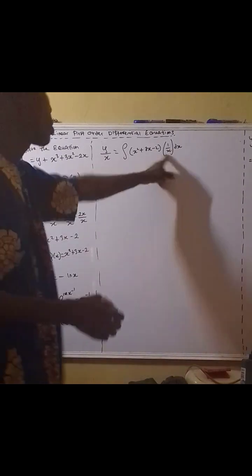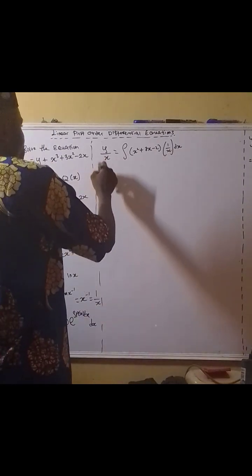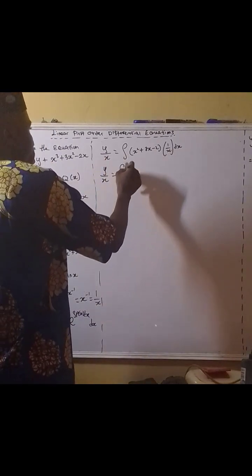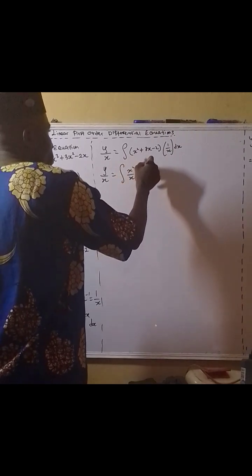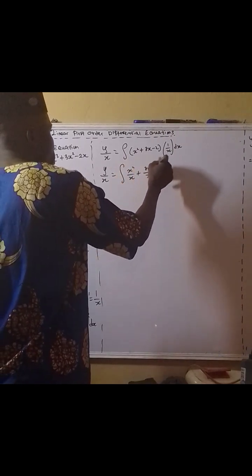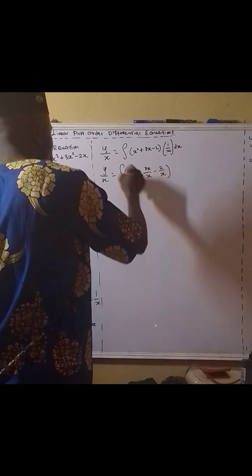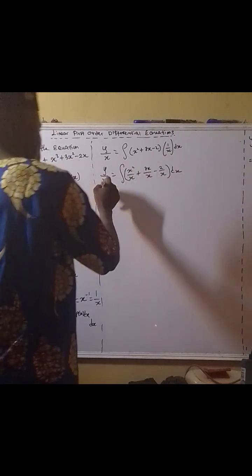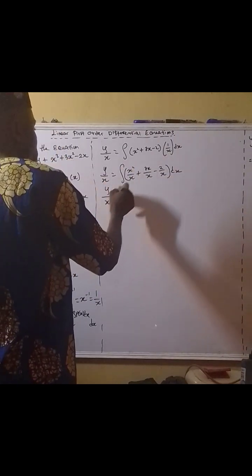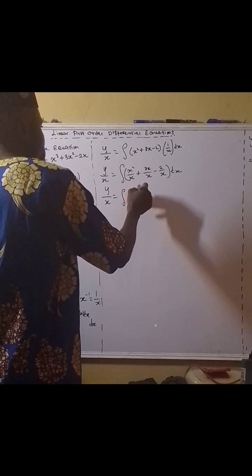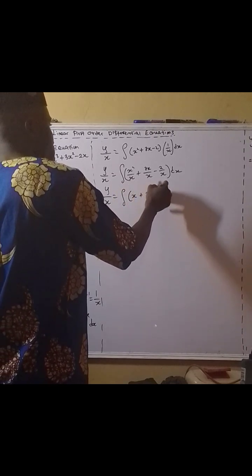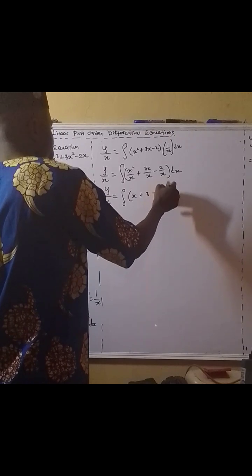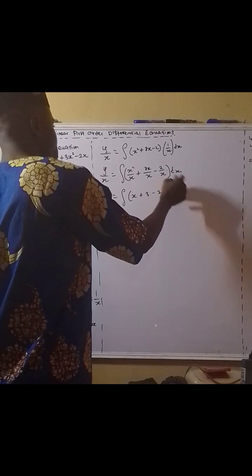So if this multiplies everything, we have y over x equals the integral of x squared over x plus 3x over x minus 2 over x, dx. So you have y over x equals the integral of x plus 3 minus 2 times 1 over x dx.